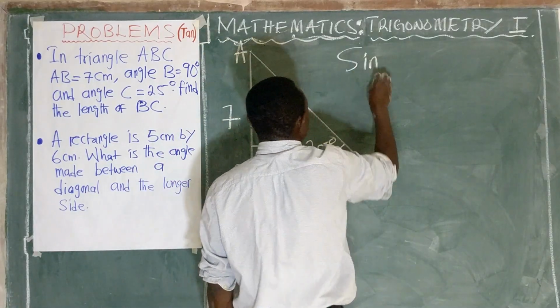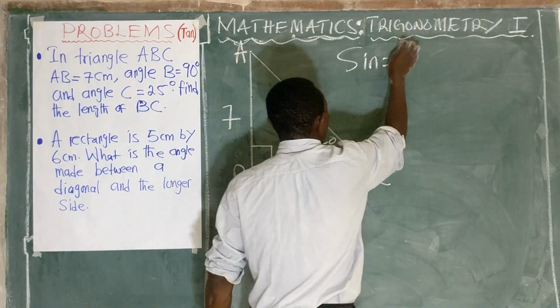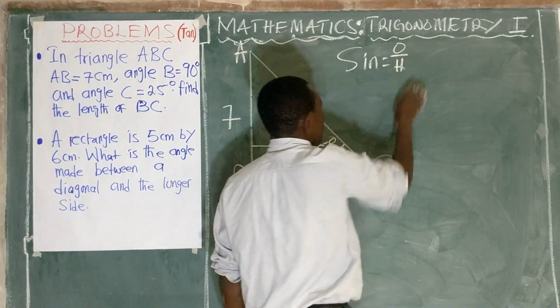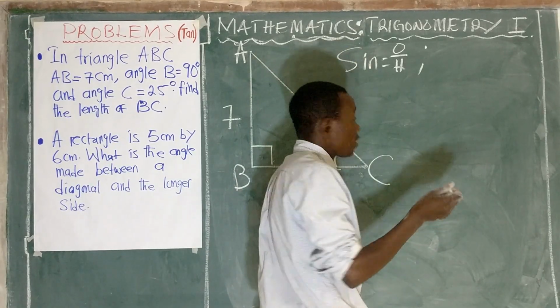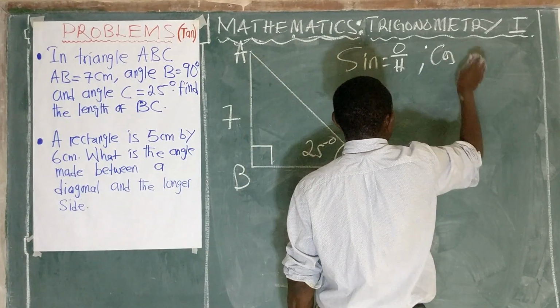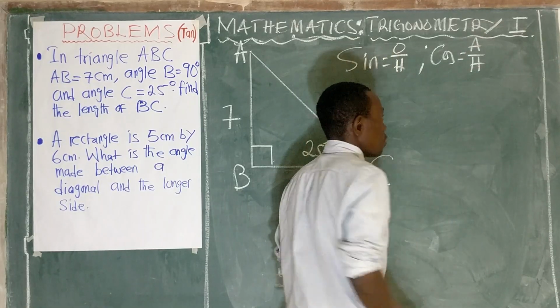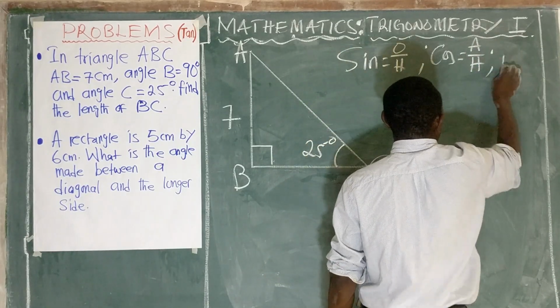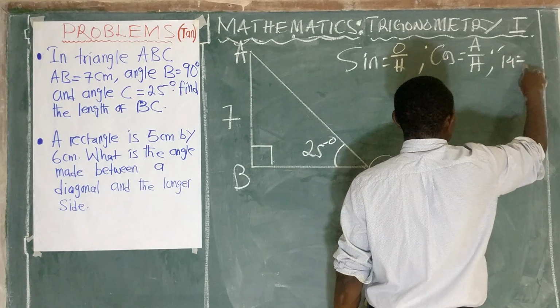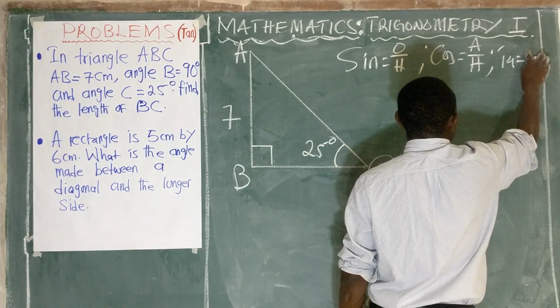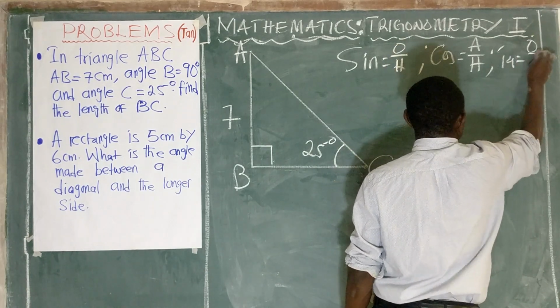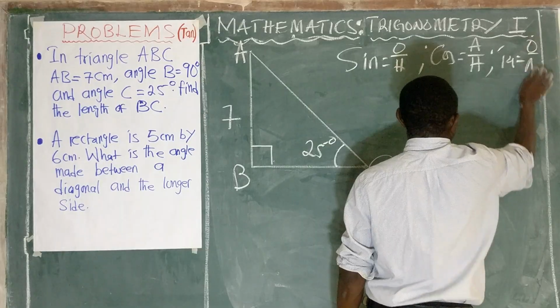We have sine, which we know for sure is opposite over hypotenuse. We also learned cos, which is adjacent over hypotenuse. And finally, we have tan, which is opposite over adjacent.